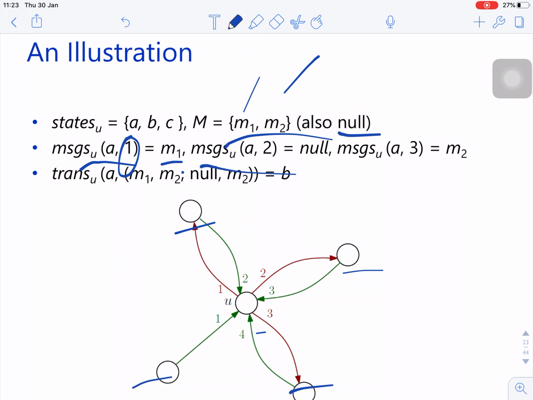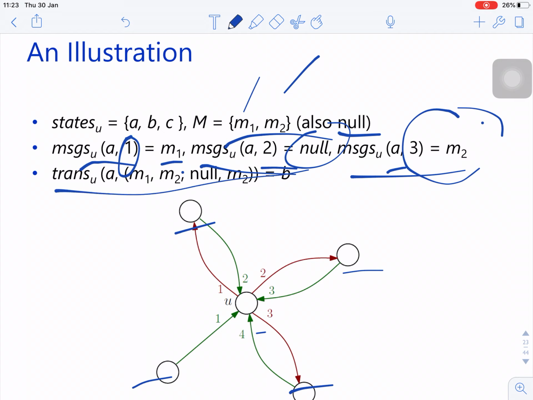And what if the node is in status A, it will give its second neighbor a value of no. And what if a node is in status A, it will give its third neighbor the message 3.